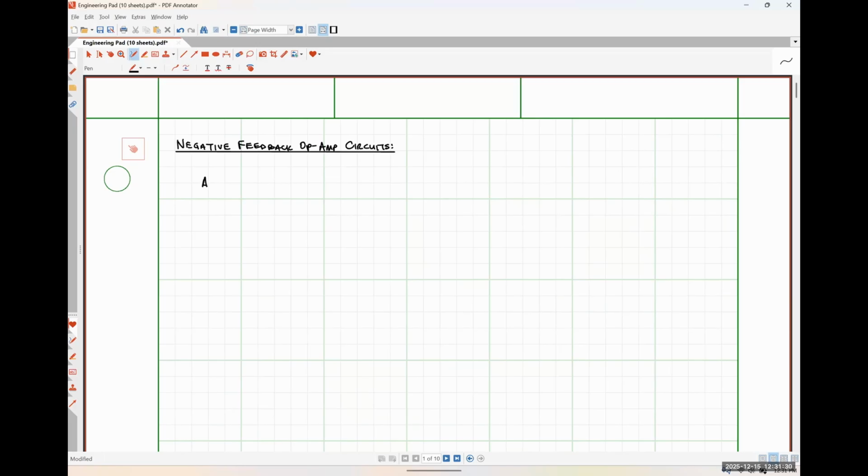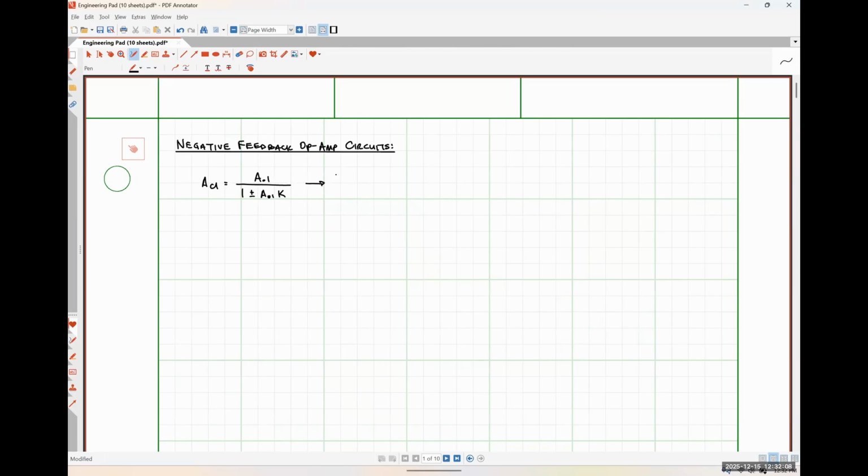lines of our closed loop gain, ACL, was our open loop gain over 1 plus or minus our open loop gain times our feedback factor, right? When we had positive feedback, we actually use the negative sign down there because of how our analysis of the signal flow diagram. So negative feedback is going to use the plus sign, okay?